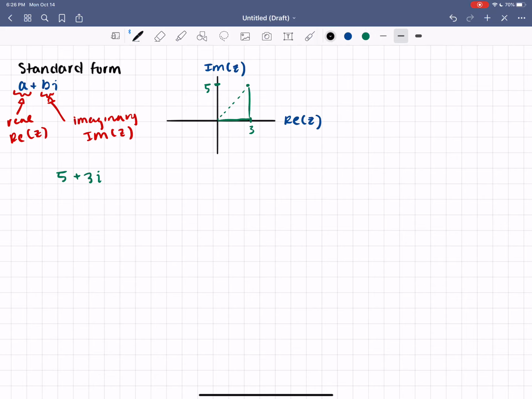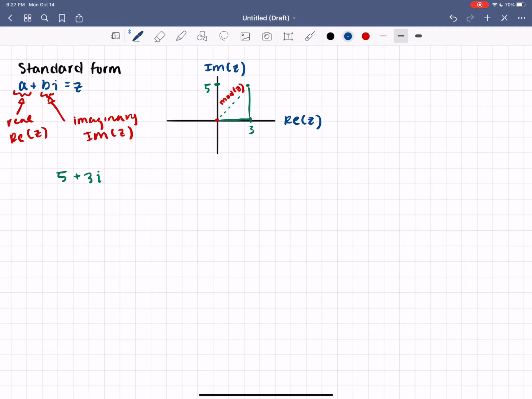So that's your point. Now, one thing you can notice is that it forms a triangle. And the distance that the point is from the origin is something called our modulus. The modulus is the distance of our complex point from the origin.